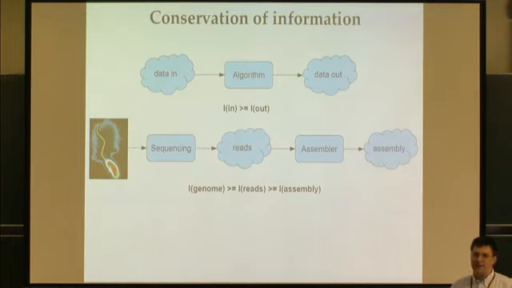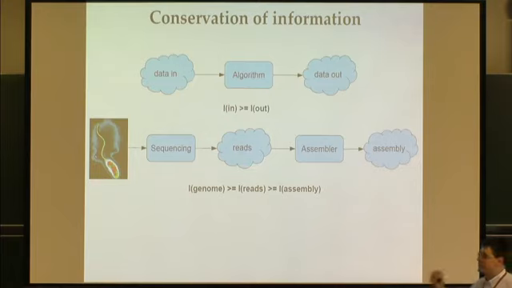That's of course not entirely true, because adding random noise essentially creates information, but it's the wrong kind of information. So what is happening for genome assembly is that we start with something that has all the information that we want, like a single cell or a mixture of cells, and then every single step of the way we lose information.